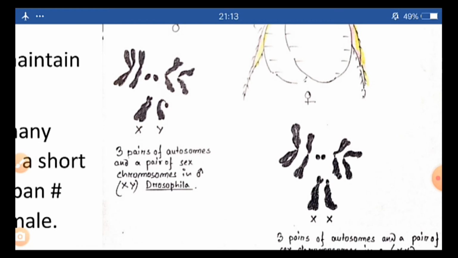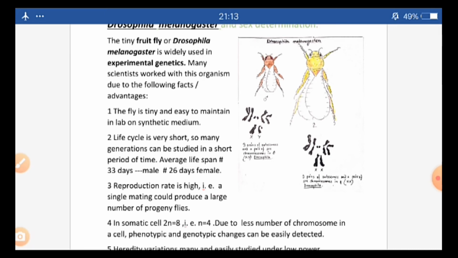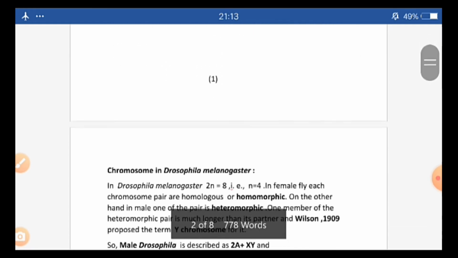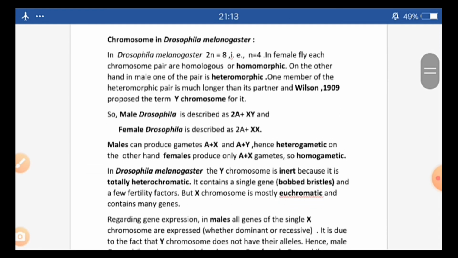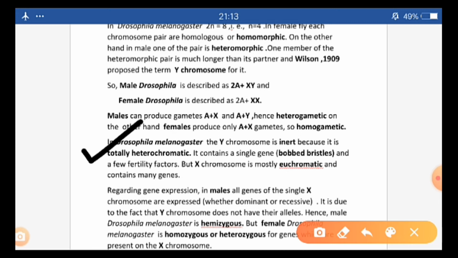Now let us take a look on the X chromosome and Y chromosome again. In Drosophila, the Y chromosome is inert.